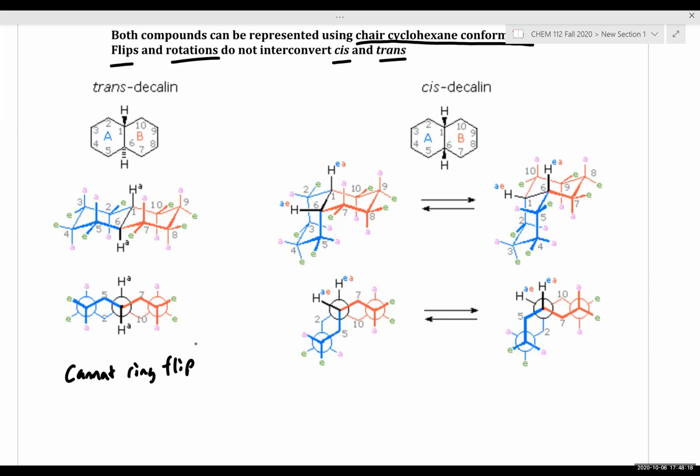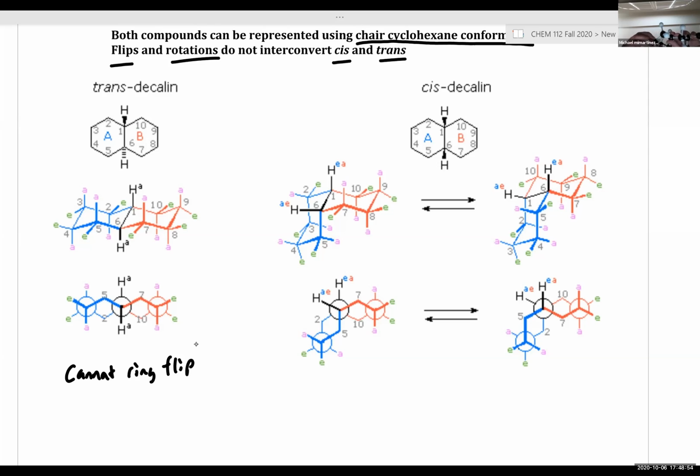The following is the structure for trans decalin, and as we try to undergo a ring flip, one thing that we immediately notice is that because our two decalin hydrogens are locked trans to each other, there is no way for us to flip the ring.